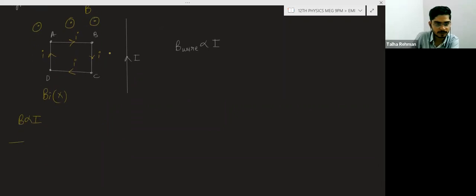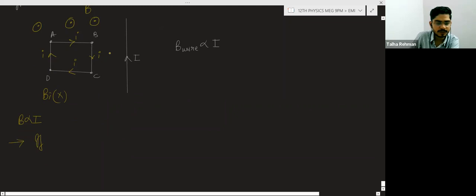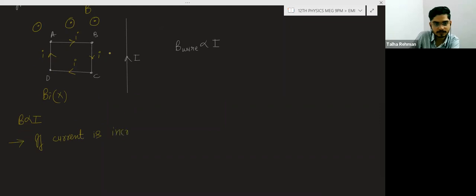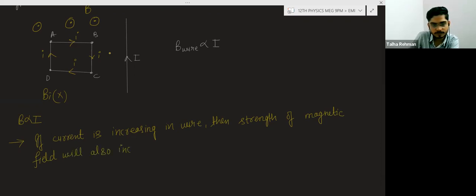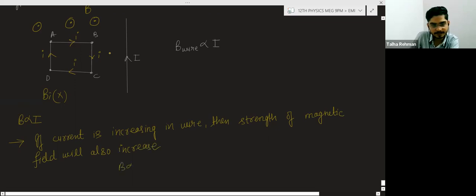So you can say if current is increasing in the wire, then the strength of the magnetic field will also increase. So you can say magnetic field is directly proportional to the current.